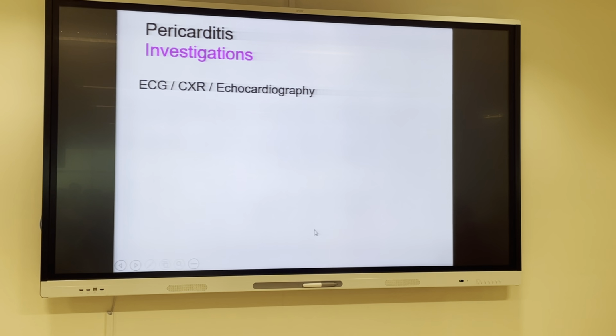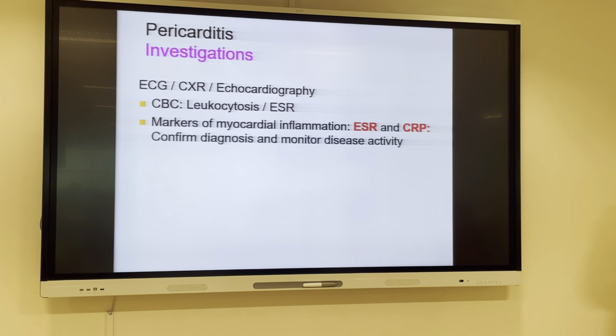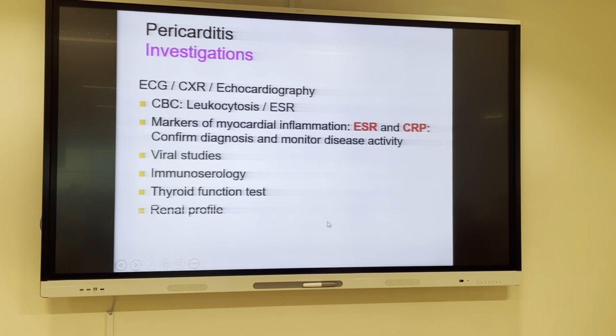So what investigations do you want to do for pericarditis? ECG, X-ray, and echo. You want to do CBC, you look for leukocytosis and ESR, CRP. You look for secondary causes, hypothyroidism, uremia, so renal function. And sometimes you can do a PPD test, some people do that.